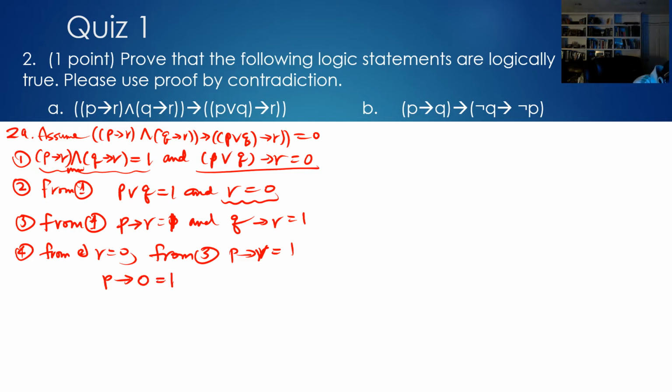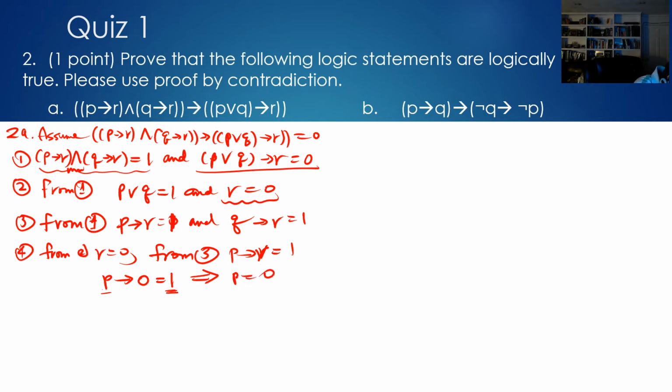Now, based on the definition of the implication, that means the antecedent P must be 0, right? If P is 1, then it's not going to be 1. P is 1, then this is going to lead the result to 0. So if its result is 1, P must be 0, right?